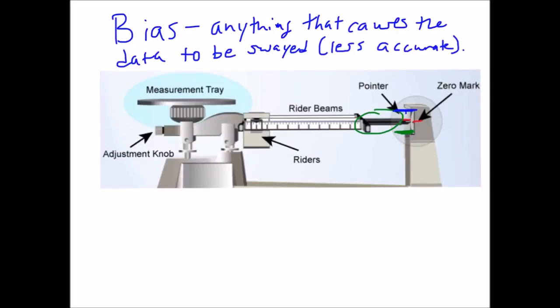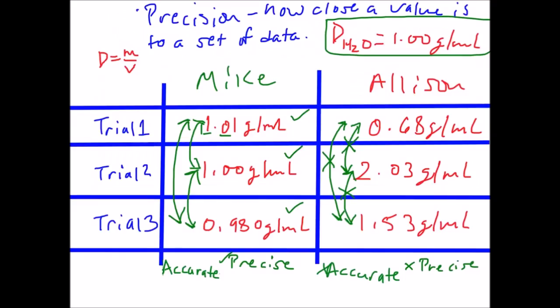Let's go back and look at Allison's results for a second. If we look at Allison's results, remember she was not accurate or precise. Her data is all over the place. There is a reason for that. When Allison writes up her report over her experiment, she needs to give some possible reasons why her data is nowhere close to each other.